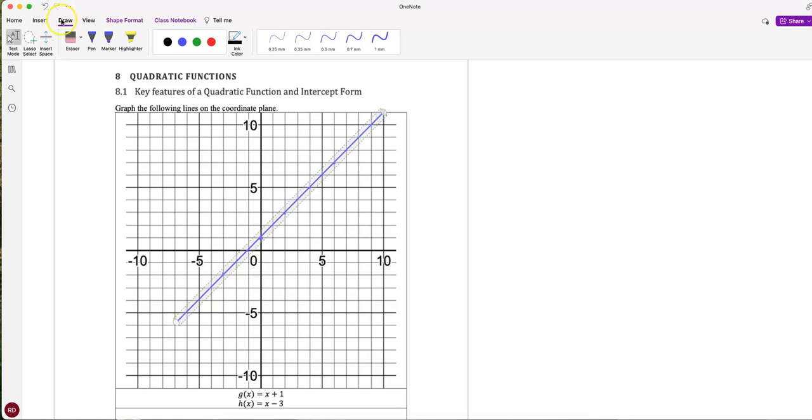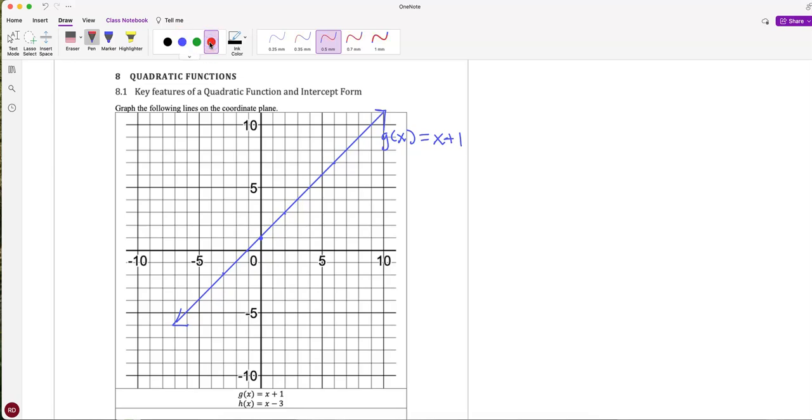Like so. So this is g of x equals x plus 1. h of x is x minus 3.